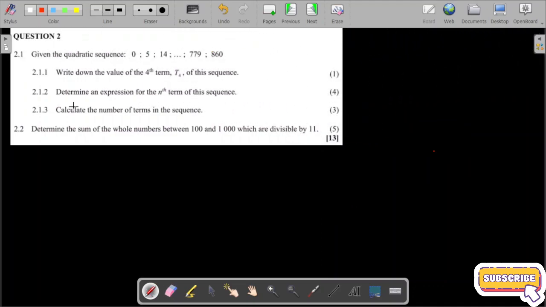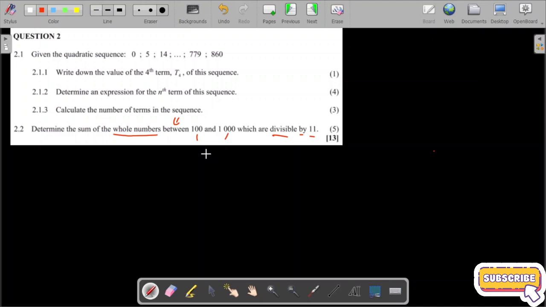So now here we are asked to determine the sum of the whole numbers between, and this is very important, between 100 and 1,000. Those numbers are supposed to be divisible by 11. So I need to find numbers.